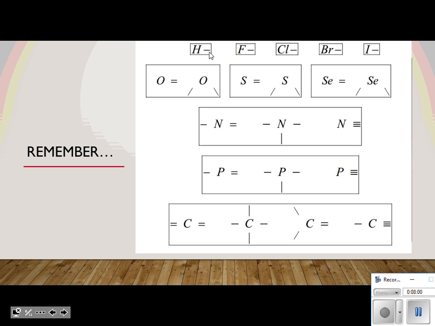So up top there are all of the halogens that want to single bond. Now, the second row is the oxygen family. If you remember with oxygen, when we draw the dot structure, we would draw it like that so that I would have 2 possible covalent bonding sites in oxygen, right? So, does it make sense here that oxygen could make 2 single bonds, or it could double bond?